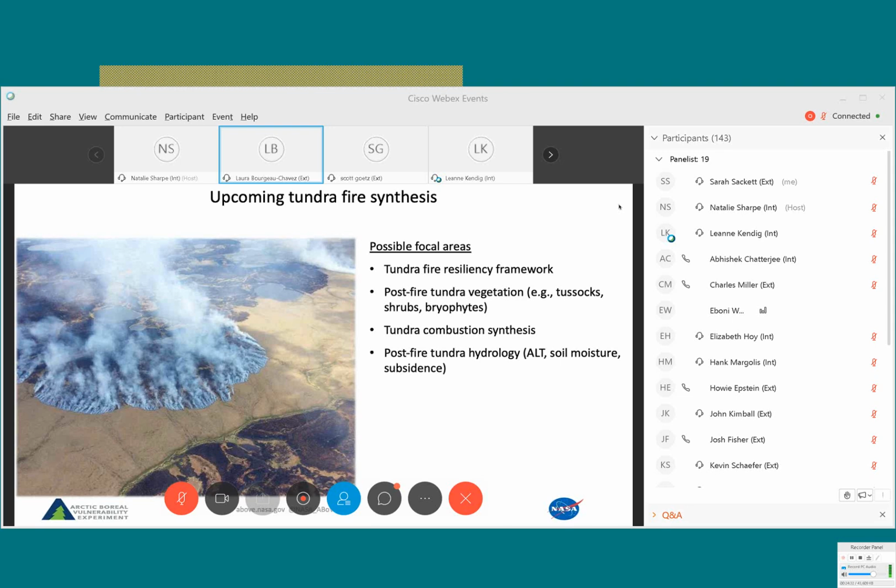So we need to look at the tundra fire and get, if anybody has data, to synthesize it. I think some of it already was provided back at the workshop in 2017, but it just needs to be picked up and started again. And everyone's been super busy, so I don't know if Tatiana's on the line, but she might be able to say something more about it.